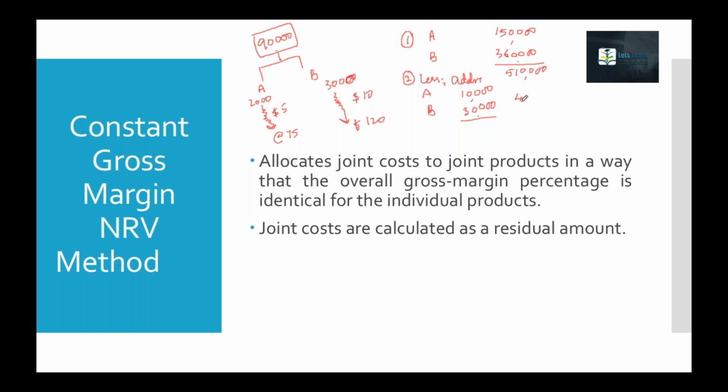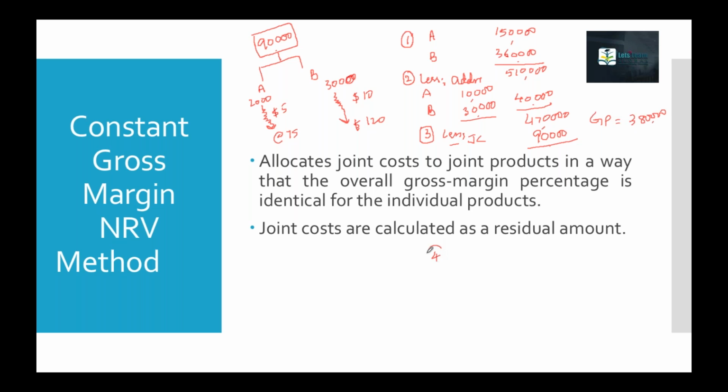Deduct 40,000 from here, you will get 470,000. Third step is less joint cost. The total joint cost 90,000. You will get a GP of 470,000 minus 90,000, 380,000.